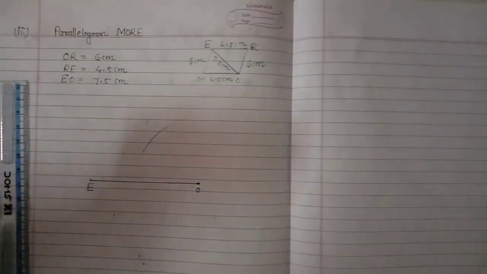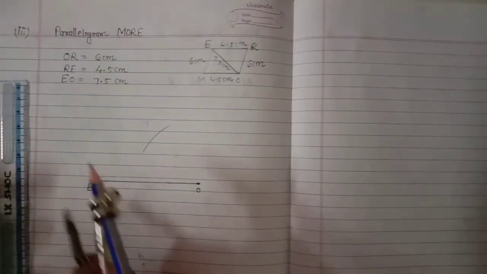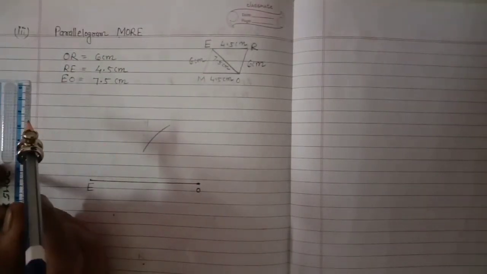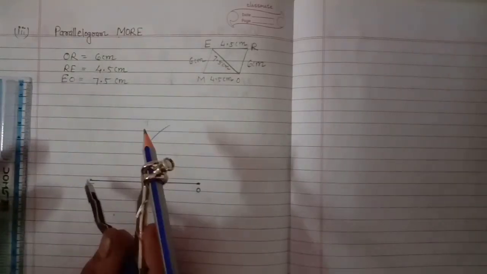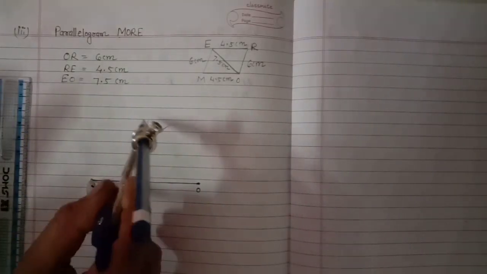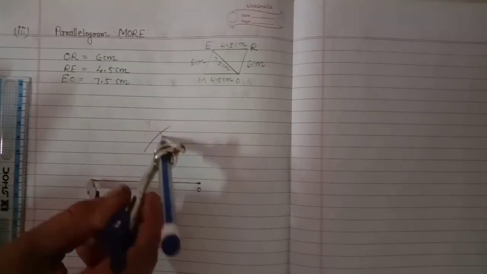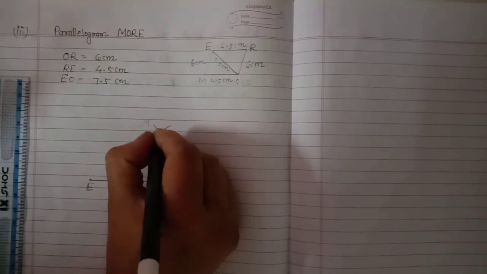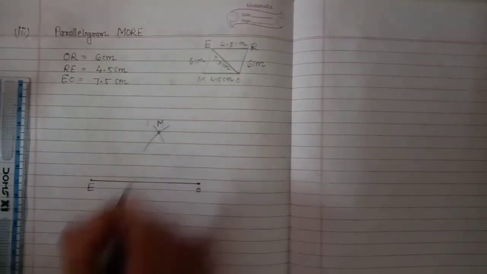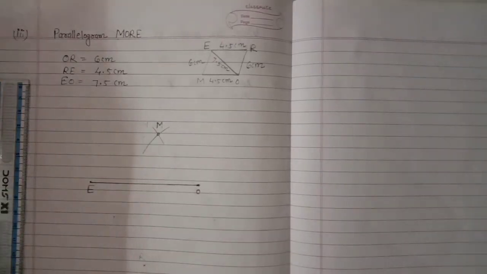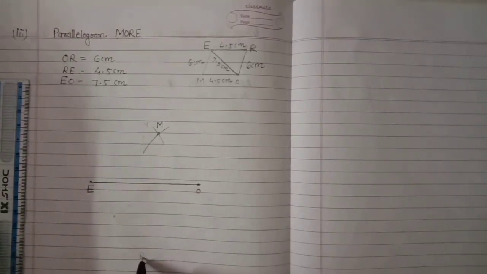Then the length of EM is 6 centimeter. With center E, now we will make another arc of 6 centimeter which intersects the previous arc at point M.